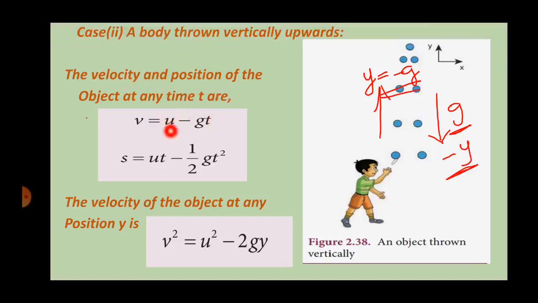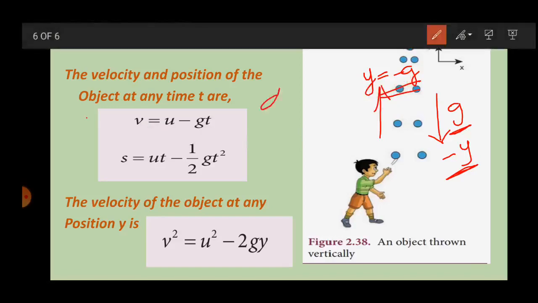So students, the first equation of motion, v is equal to u plus at. Now here what is a? Along the positive y axis, a is equal to minus g. So v is equal to u minus gt, and substitute in kinematic equation number 2, s is equal to ut minus 1 by 2 gt square.